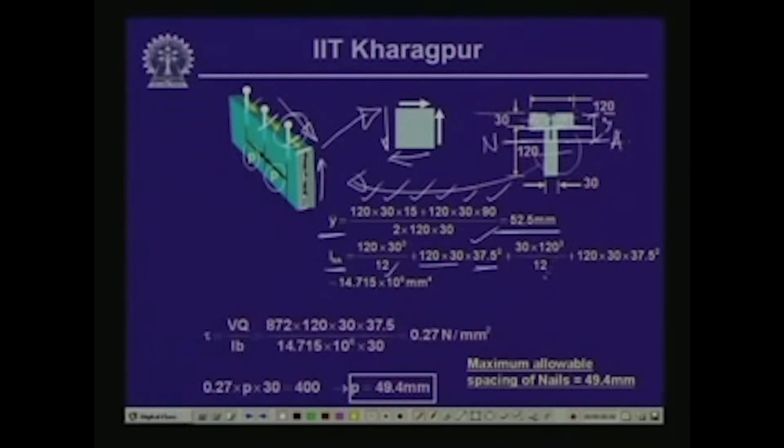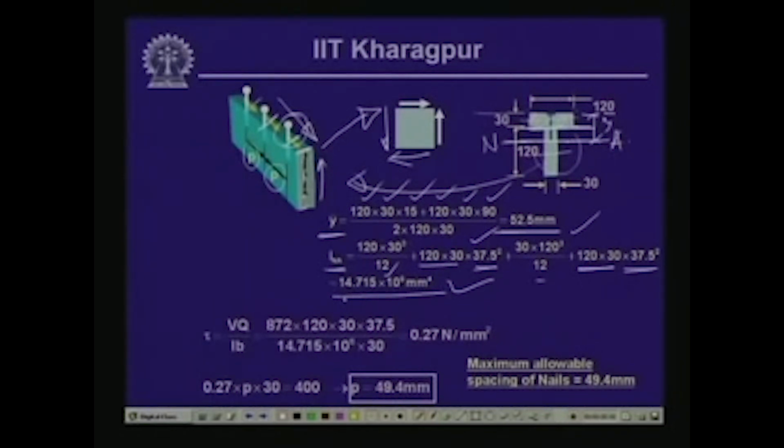Plus, for the second, 30 times 120 cube by 12, plus area 120 times 30 times the square of (60 plus 30, which is 90, minus 52.5), that is 37.5 square. So, this is the moment of inertia of the section, which is 14.715 into 10 to the power 6 millimeter to the power 4.